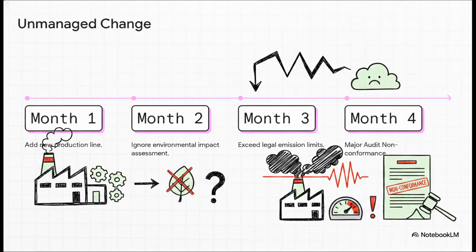But in month 2, they completely bypass the environmental impact assessment just to save some time. Bad idea. By month 3, that new line pushes them right past their permitted legal emission limits. And in month 4, the auditor arrives, hands them a major nonconformance, and halts production entirely. It's the ultimate example of reactive management, and it absolutely destroys the integrity of your system.